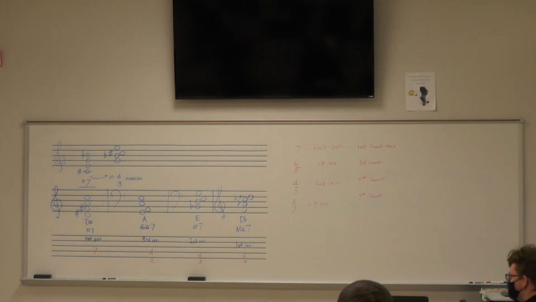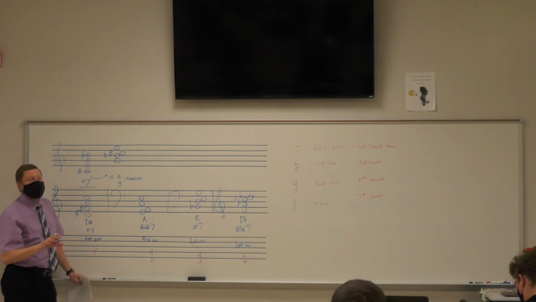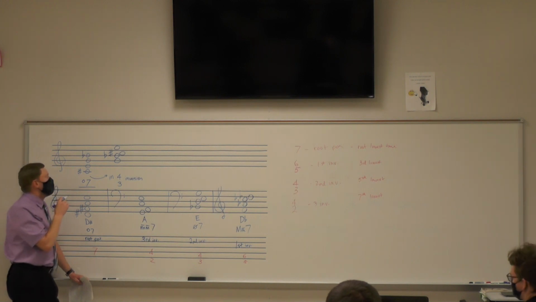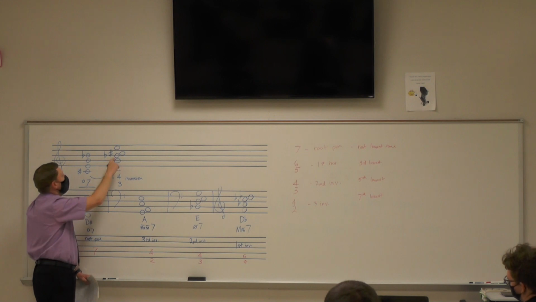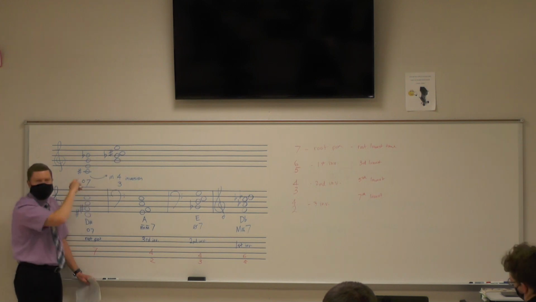Okay. So, in other words, one of the things I want you to know how to do is take a root position chord and rewrite it in the proper inversion. Now, some students in the past, and this goes beyond the scope of the class, you don't need to know this, I won't take points off for it. Some students have asked me, well, how do you know whether to put the C to the right or the left and the B flat to the right?